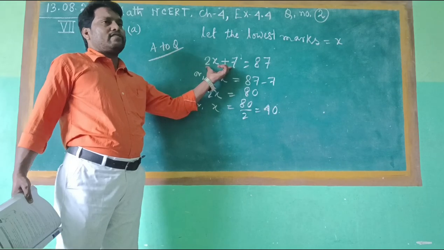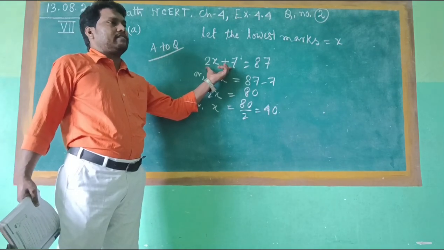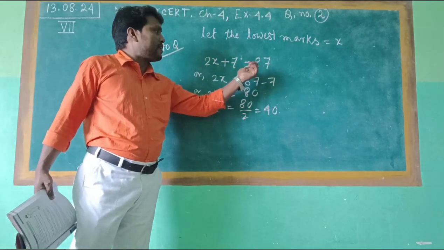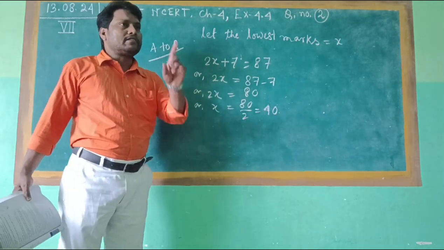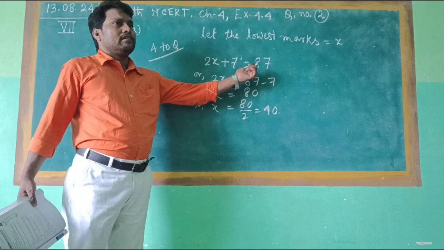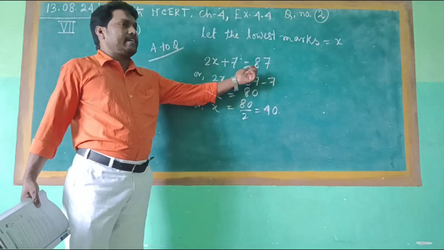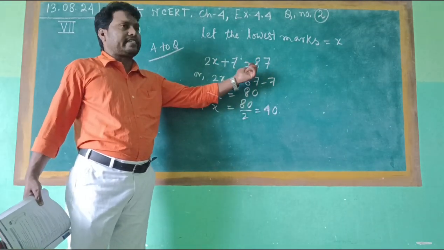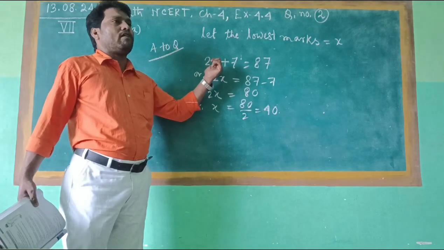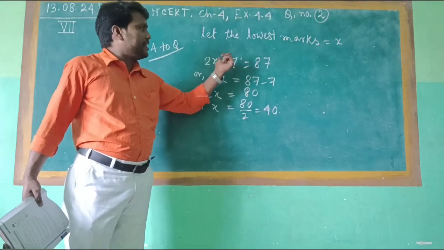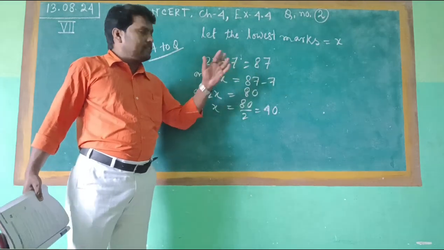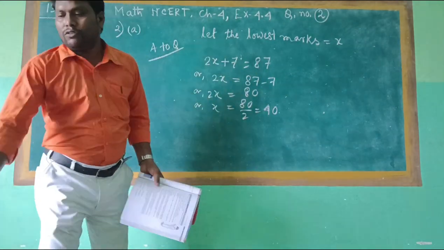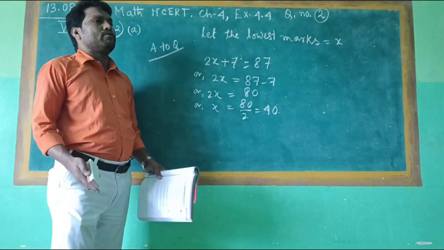The terms on the left hand side and the right hand side of the equal sign, both sides must be equal. So when you put the value of x, you will automatically get the value of the right side. So this is called an equation.